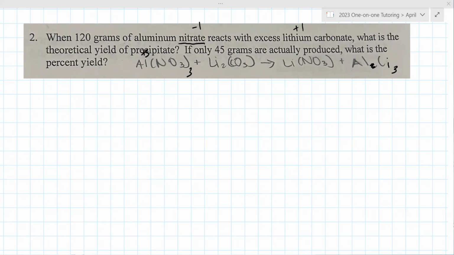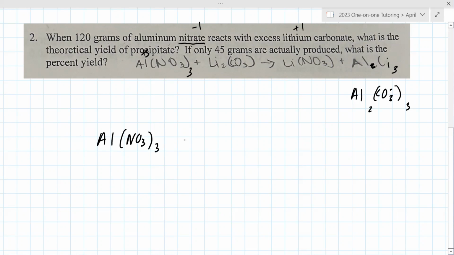Al(NO3)3 plus Li2CO3. Okay, we got that. And then do we have the products correct? LiNO3. Got that. And then Al2. Okay, sorry, I messed this up here. It's Al, and then we have the carbonate here, CO3, and then you've got 2 of these and 3 of these. All right, let me just start over here. There's just so much going on.